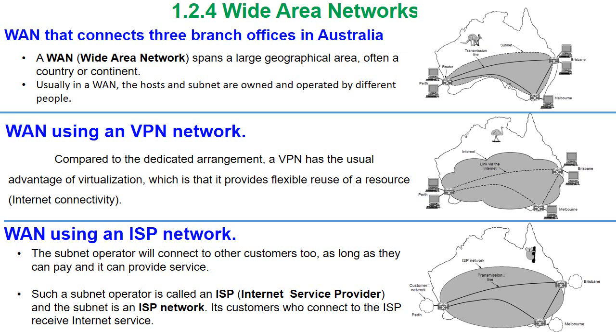There is a person in Melbourne and another person in another place who wants to communicate with each other, which is going to be done by the wide area network. Compared to the next one, that is the VPN network, there will be a dedicated arrangement. Dedicated arrangement means we are in Melbourne, and your friend is in some other city of the Australian continent.